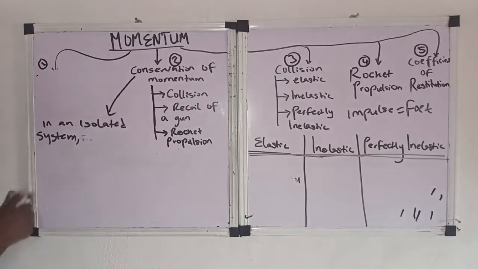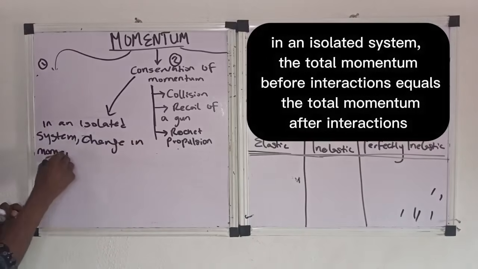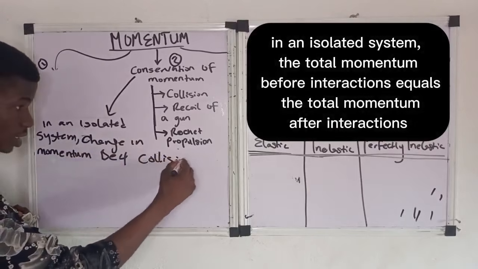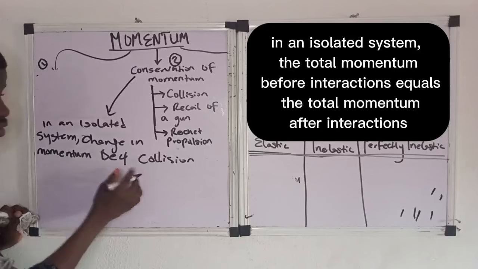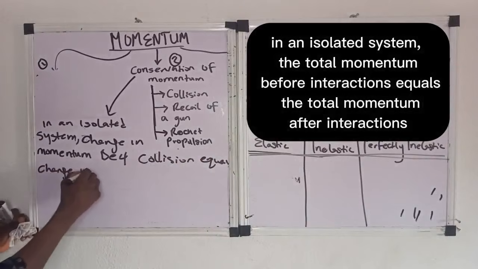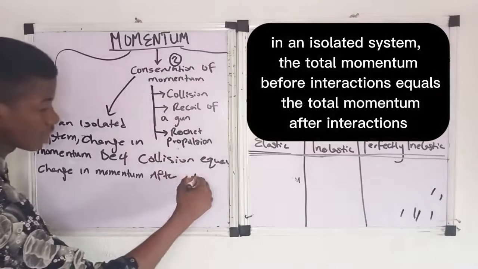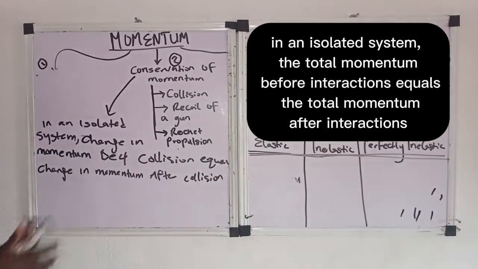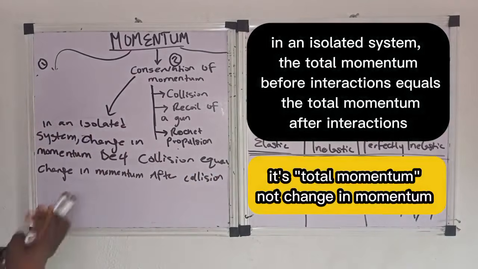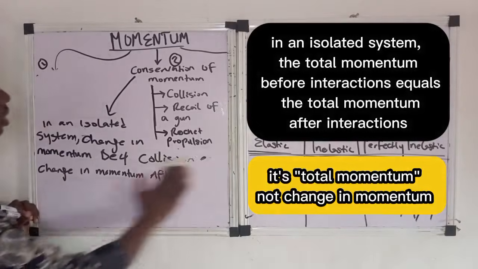The law states that in an isolated system, the momentum before collision equals the momentum after collision.